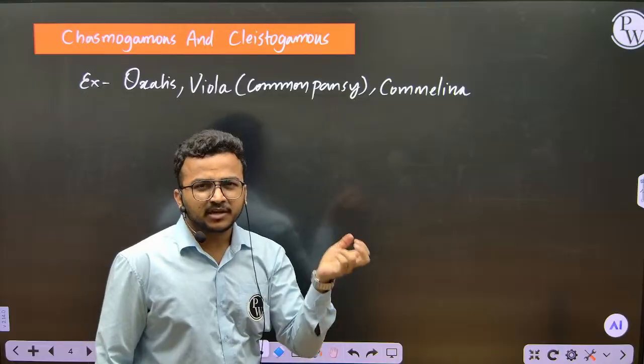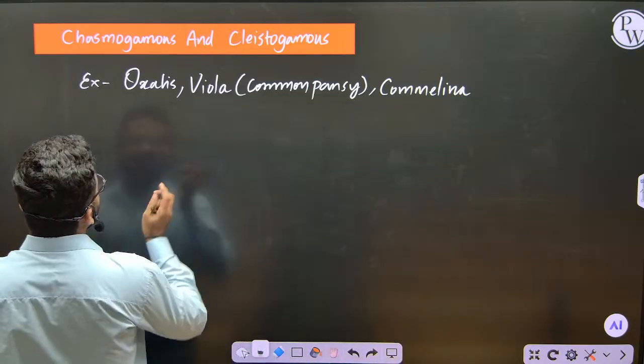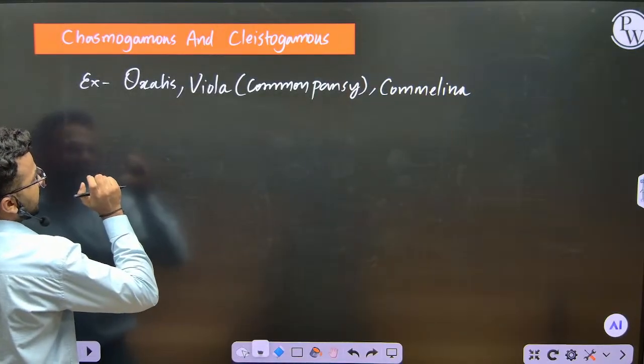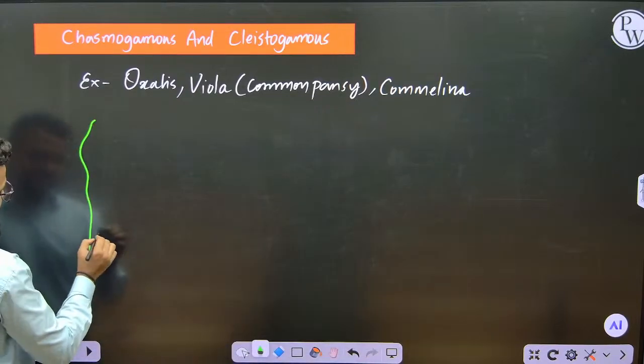So what is Clistogamous and what is Chasmogamous? You are getting a question there. Here, in the case of oxalis, viola and Commelina plants, you will be seeing two different types of flowers.